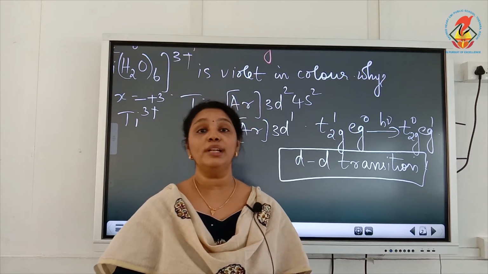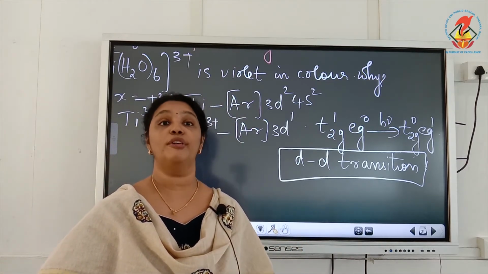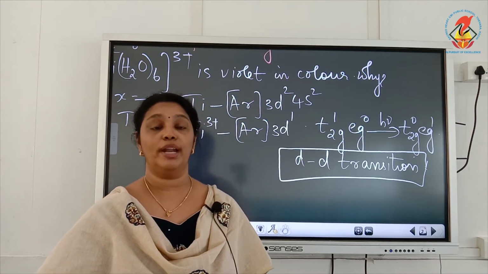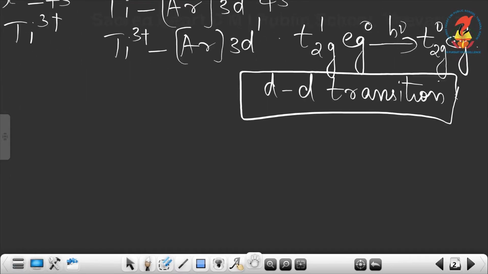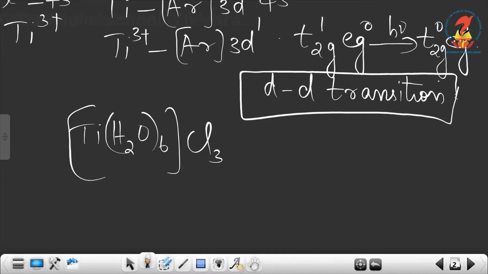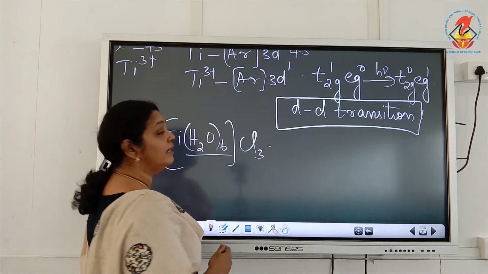Now if there is no ligand present, then no d-d transition is possible and splitting of orbitals will not take place. So no color is observed. Now I will give you an example. [Ti(H2O)6]Cl3, on heating, will lose the water molecules, which are the ligands, and the compound will become colorless.